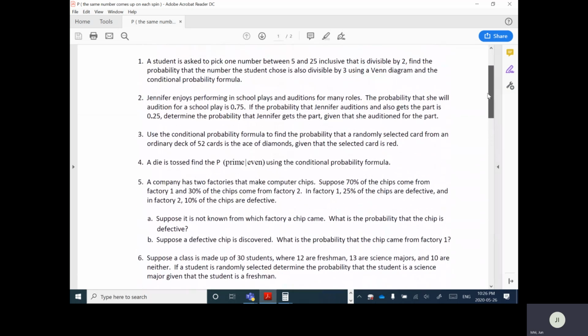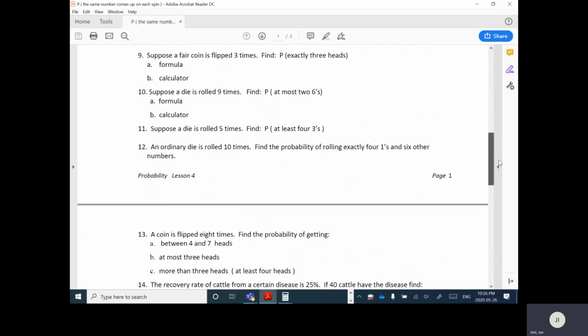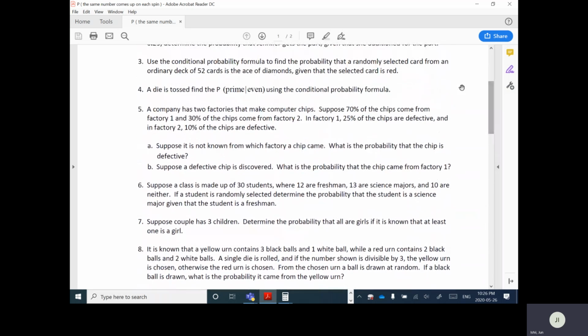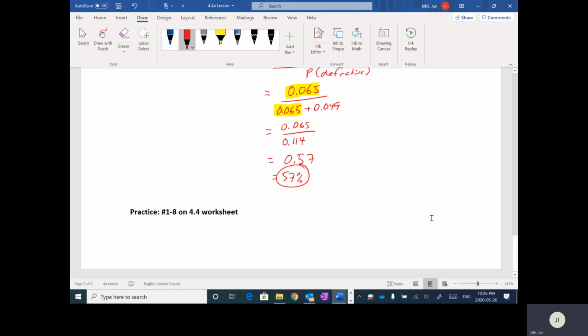Yeah, so to be honest, numbers 9 through 18 are something totally different. It has nothing to do with conditional probability, but they decided to put this in on the same worksheet. So for practice, again, numbers 1 through 8.